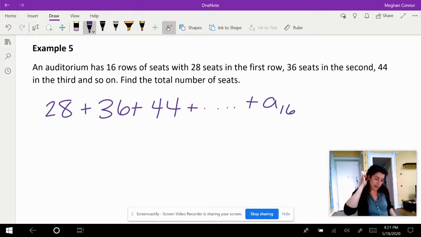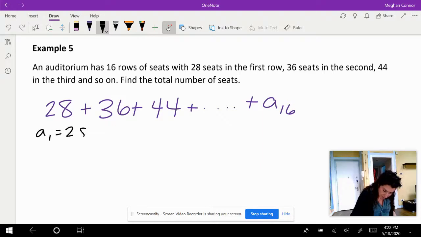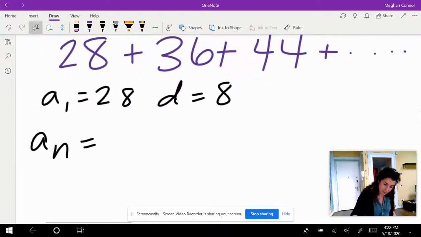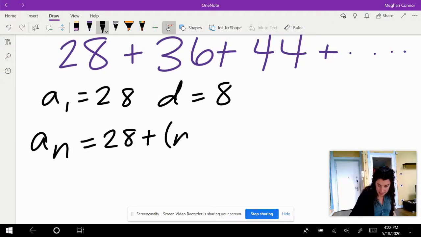Trying to figure out what the pattern is here. 28 to 36 is plus 8. 36 to 44 is plus 8. It's arithmetic because we're under the arithmetic banner. We have a sub 1, and we have the difference, which is 8. A sub n is a sub 1 plus n minus 1 times 8.